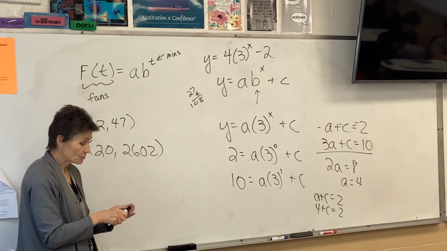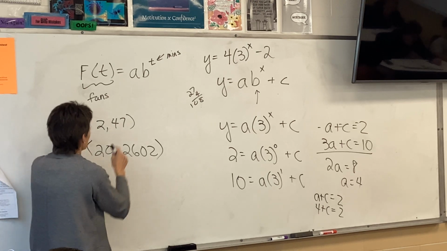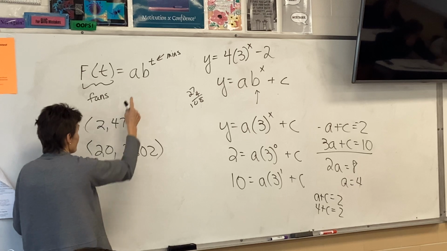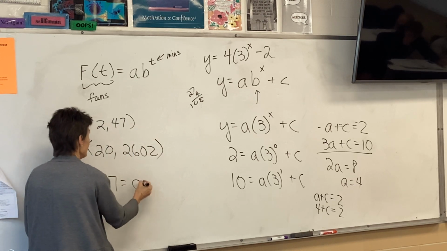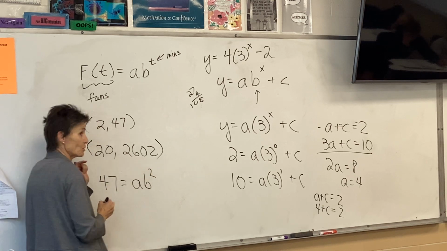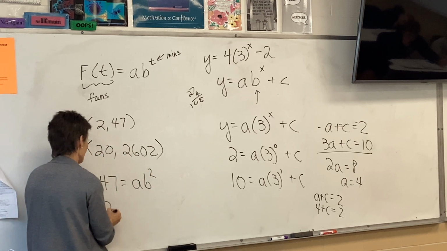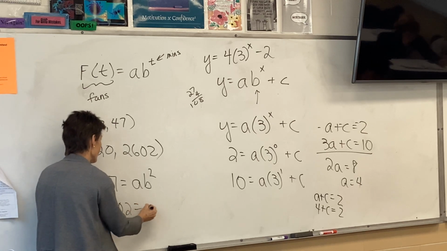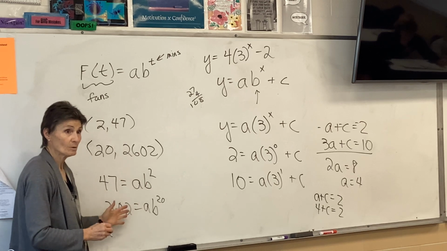They're not going to ask you to do that, but you could, because this is the equation. You know that if Y is 47, then X is 2. And if Y is 2602, then X is 20. Does that make sense to you?